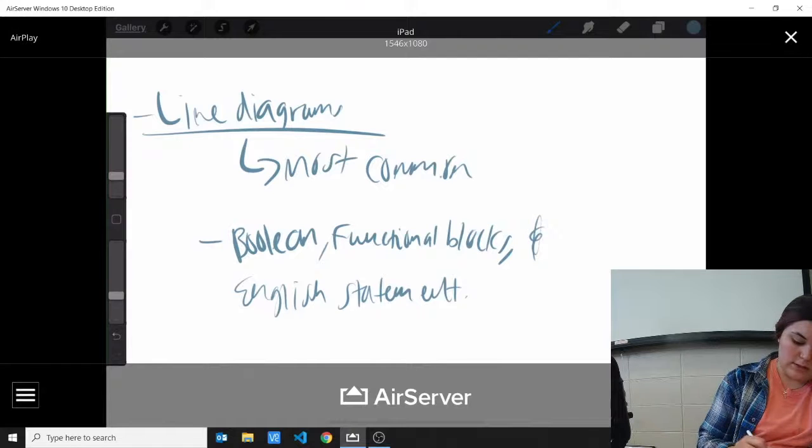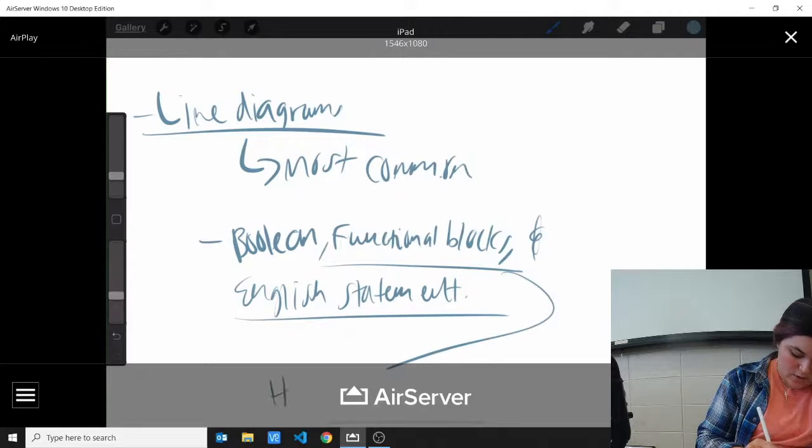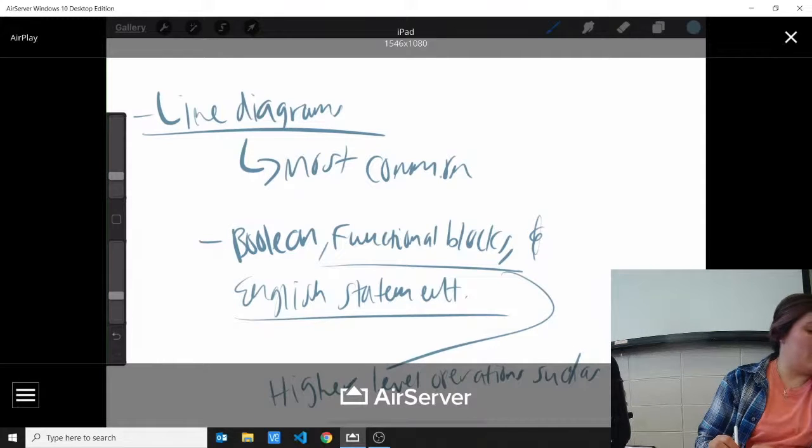So let's say these two are higher level operations, such as data manipulation, diagnostics, and report generation.